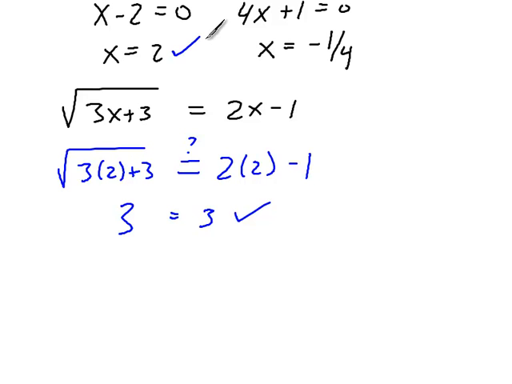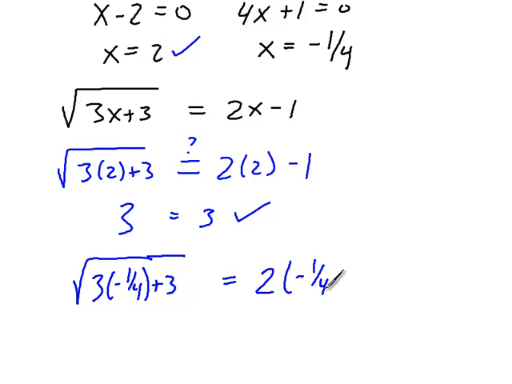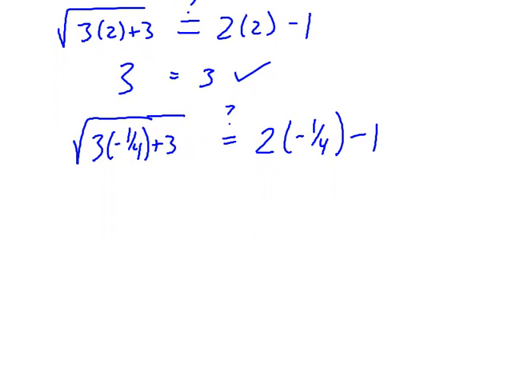So that's okay. Now we need to do negative 1/4. So we have the square root of 3 times negative 1/4 plus 3 equals 2 times negative 1/4 minus 1? This is the question. Okay, so let's do this right side first. 2 times negative 1/4, that's negative a half.